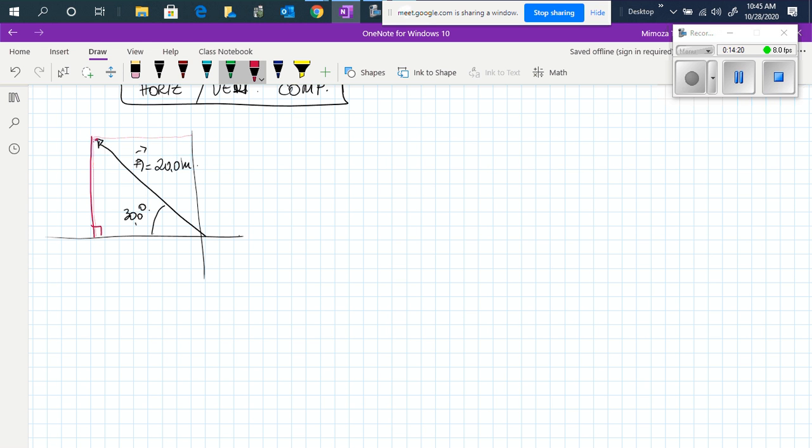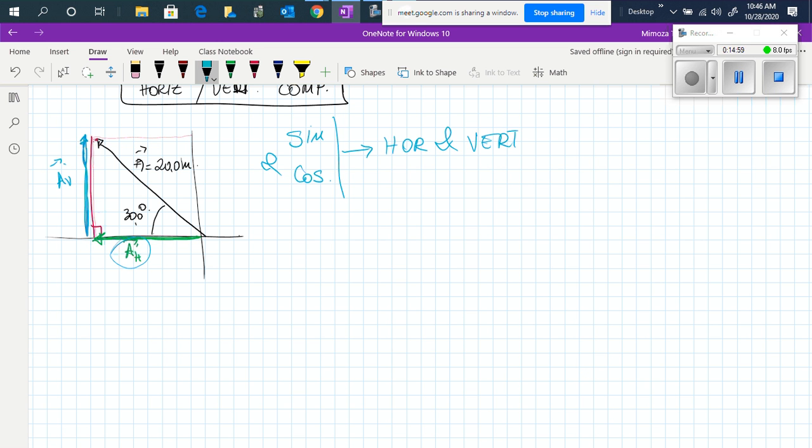In this way, you have a horizontal component of this vector, this one here, which is another vector, and the vertical component of this vector, this one here. So this is the vertical component. And now, using the sine ratio and cosine ratio, we will solve for the horizontal and vertical components.